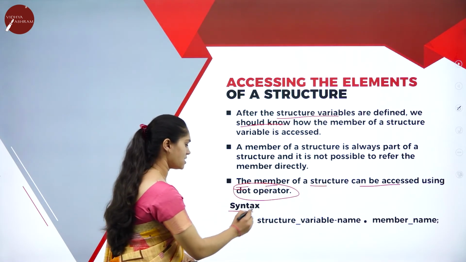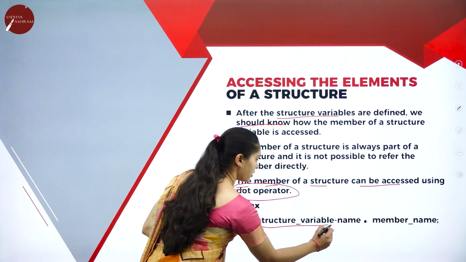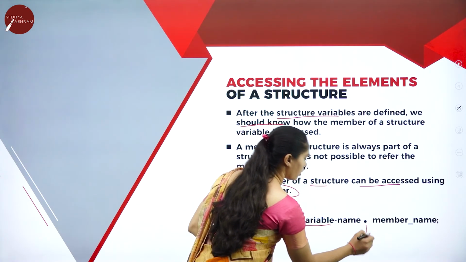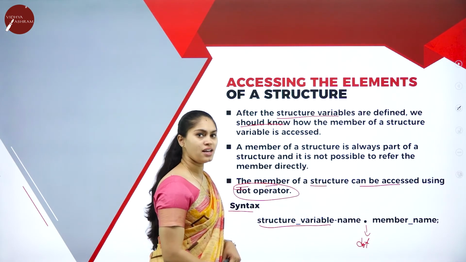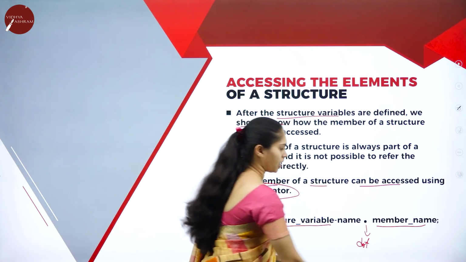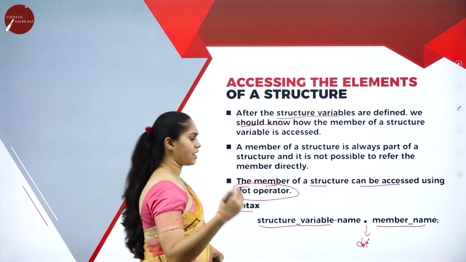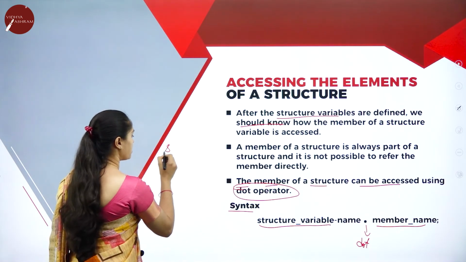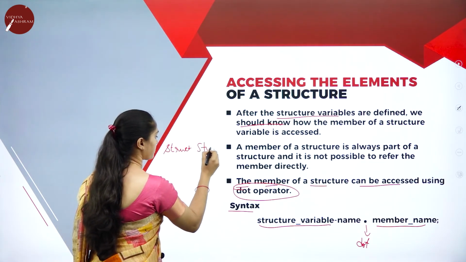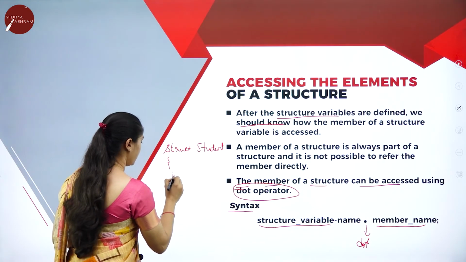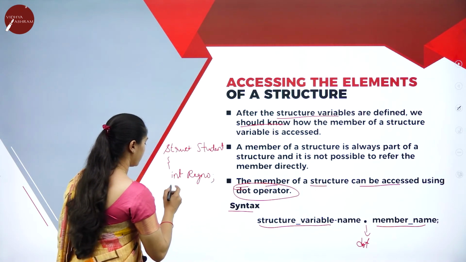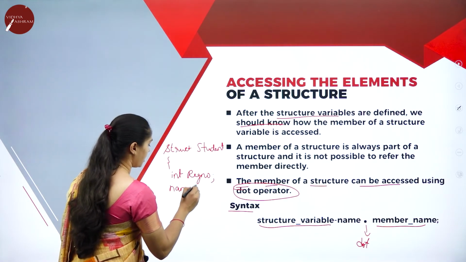Here you can see the syntax: structure variable name, dot. This is the dot operator, or I can also call it the accessing operator. Then I specify a member name and a semicolon. Let me take one example. Let me consider struct student, with int register number, and the next member is name.